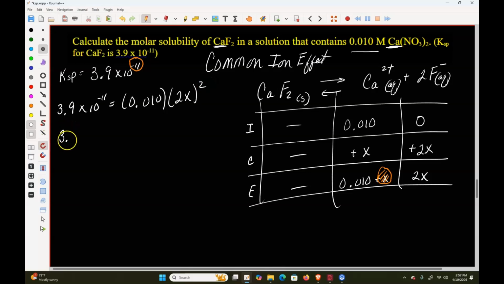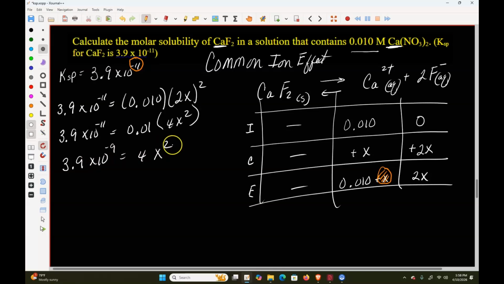So I would have 3.9 times 10 to the negative 11 is equal to 0.01 times 4x squared. Divide both sides by the 0.01. So we get 3.9 times 10 to the negative 9 equals 4x squared.